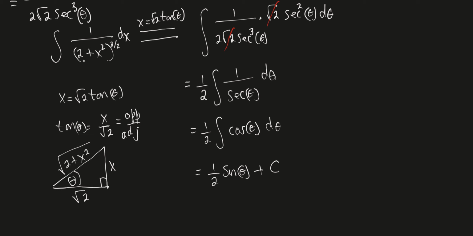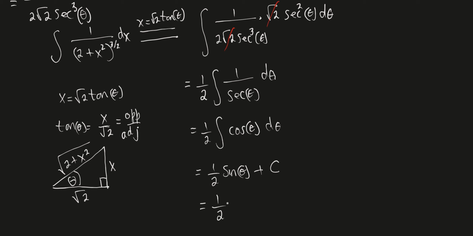And again, it's not a coincidence that it's the same expression that we started with, right? And then based on this, the sine of theta is opposite over hypotenuse. So then here's our final answer in terms of x.